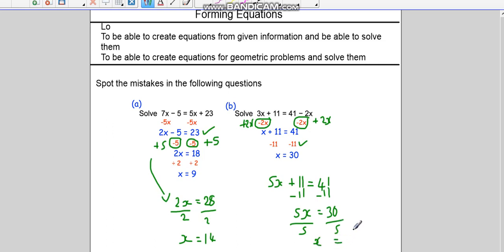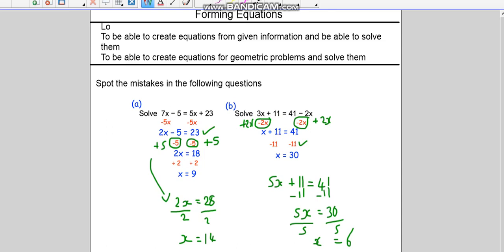So that mistake was right back at the beginning. It's really good to do these questions where you're spotting mistakes. Firstly, it will help you to identify your own mistakes when you know you've got something wrong. And secondly, these are the type of questions that they are producing in GCSEs now to test your understanding. So it's good to practice.